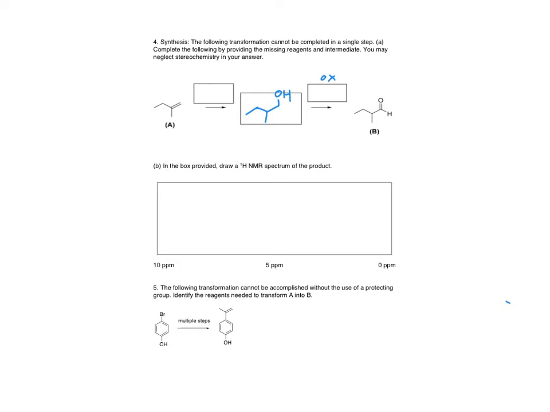But first we need to add water across the pi bond. And to add water across the pi bond, notice that we are working with the less substituted carbon atom. So we need to introduce reagents via a hydroboration oxidation.